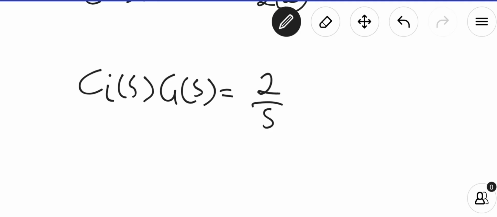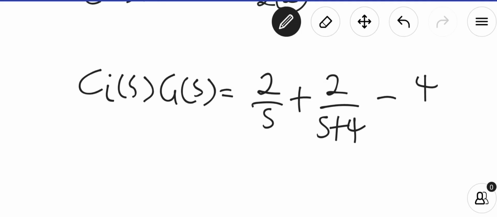Now, as we have gotten the partial fraction, the product in partial fraction is 2 over s plus 2 over s plus 4 minus 4 over s plus 2. C naught of t is equal to the inverse Laplace transform of this.